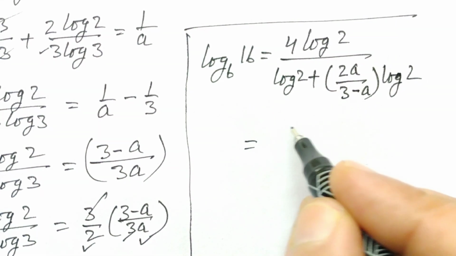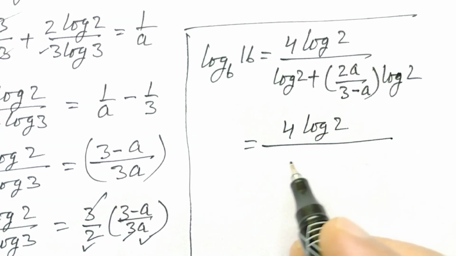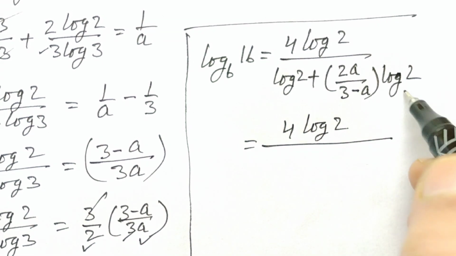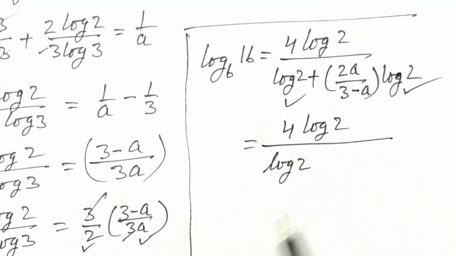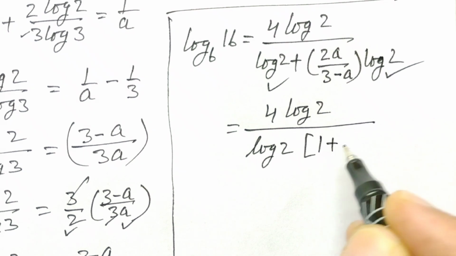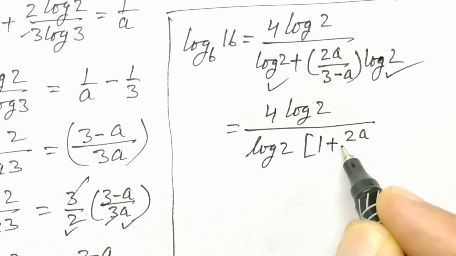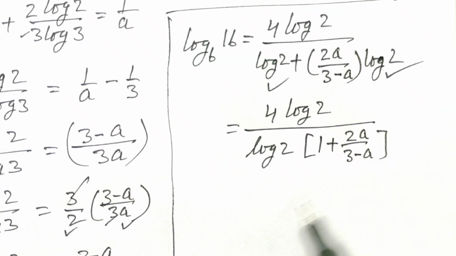Now 4 log of 2 over, here log 2 and log 2, log 2 is common, so we have remained 1 plus 2a over 3 minus a, right?